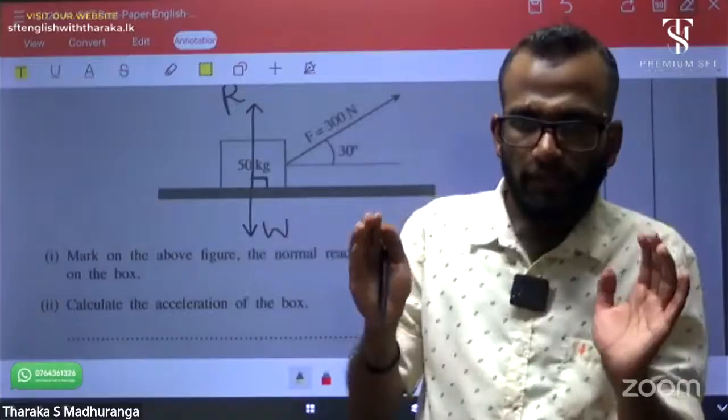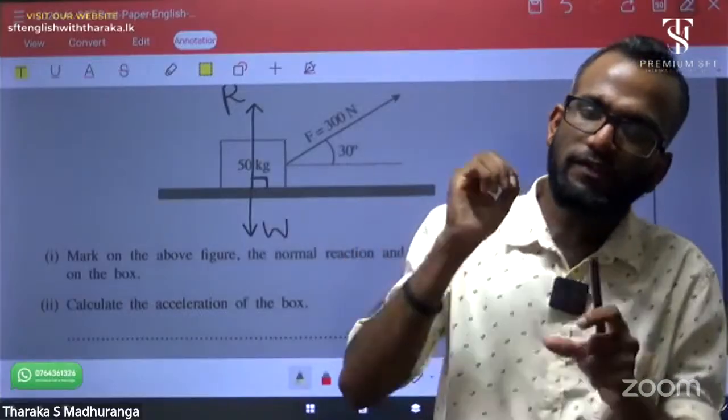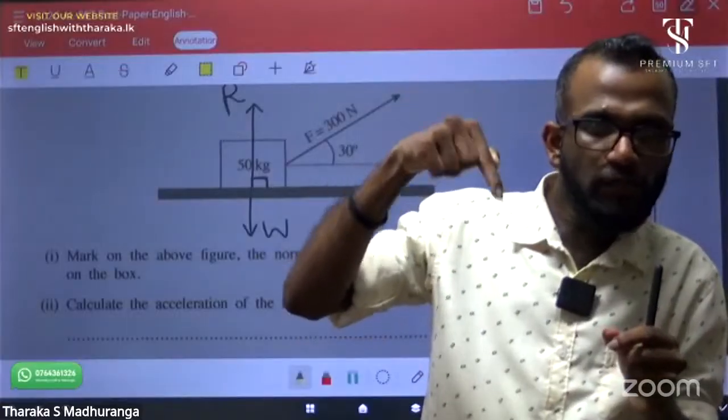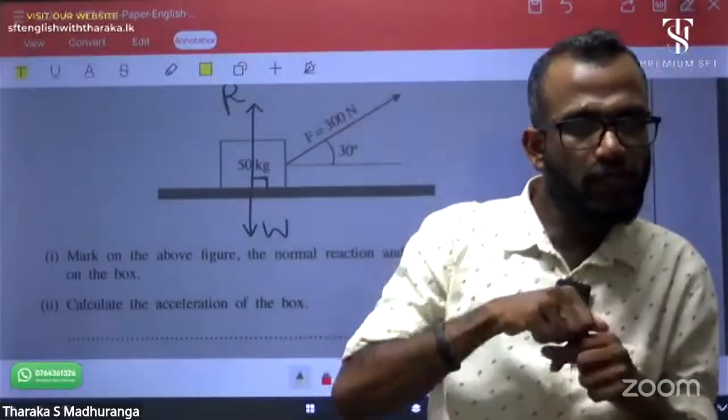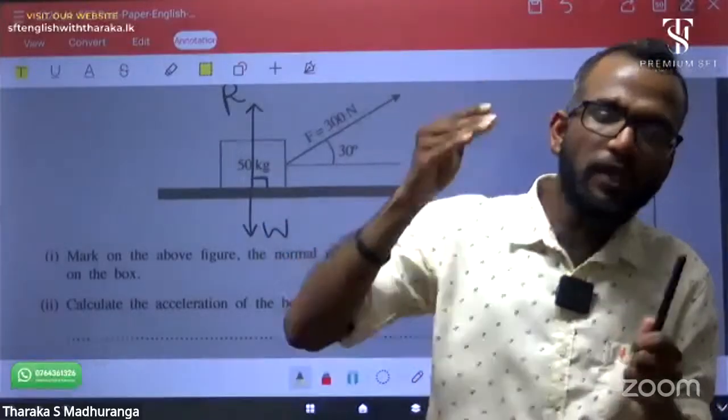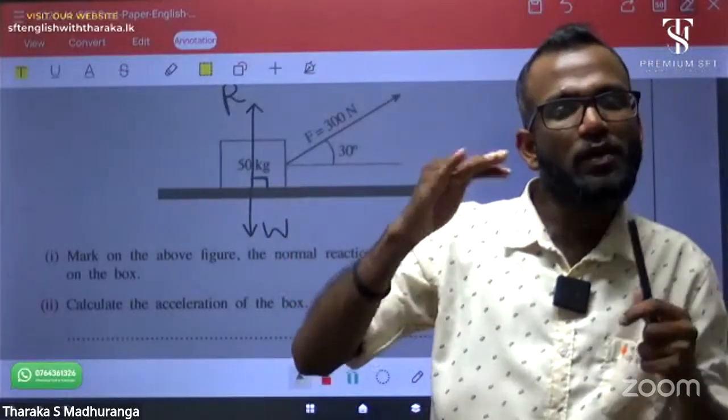You have to remember these two points. The weight always acts towards the gravity. But the perpendicular reaction is always perpendicular to the surface.